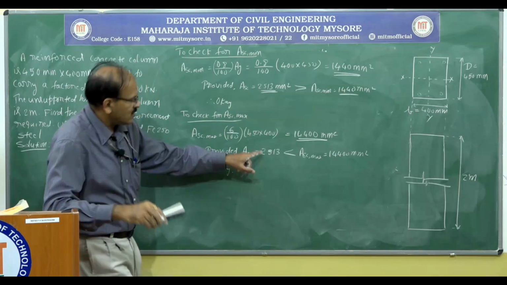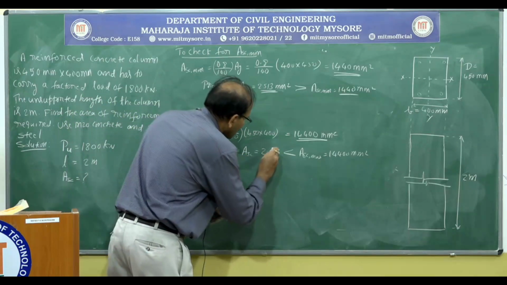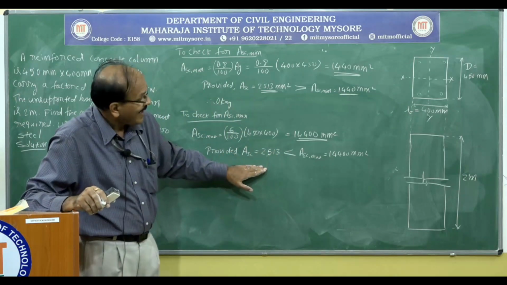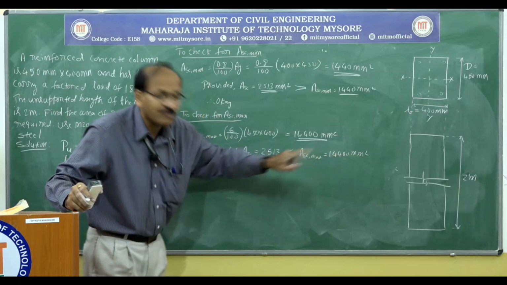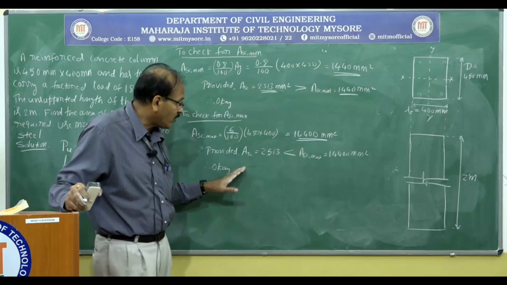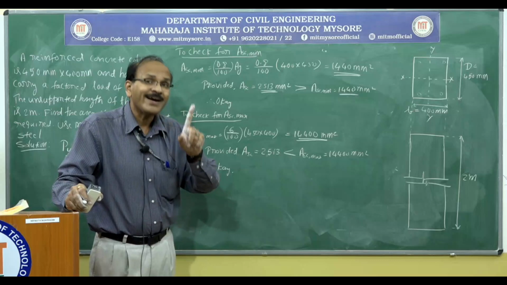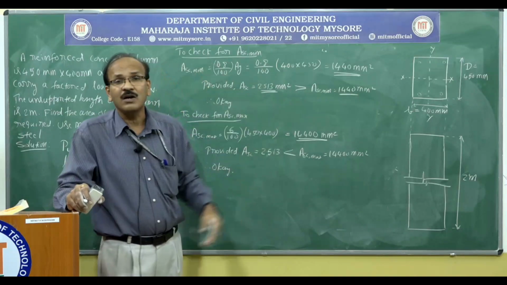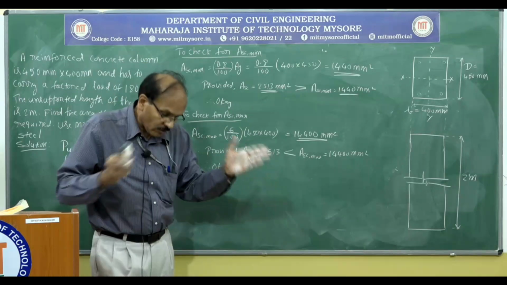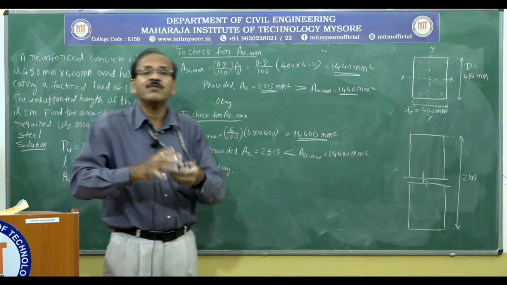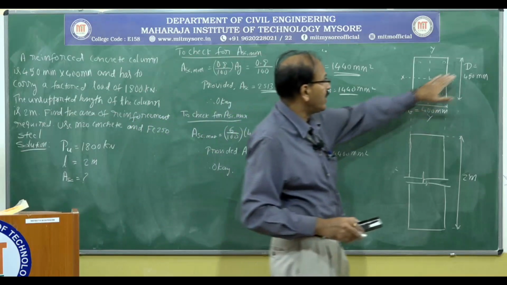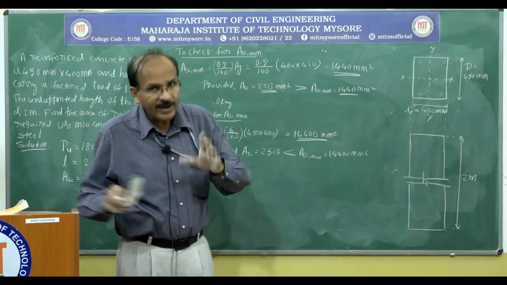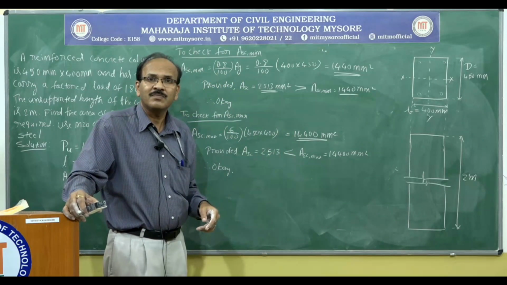So in case this 2513 or actual compression steel we are providing exceeds ASC maximum, in that case, what do we do? We are going to go ahead and increase the sectional dimensions of the column. That means whatever dimensions we are giving for the column is not adequate, okay, go ahead and increase the section.